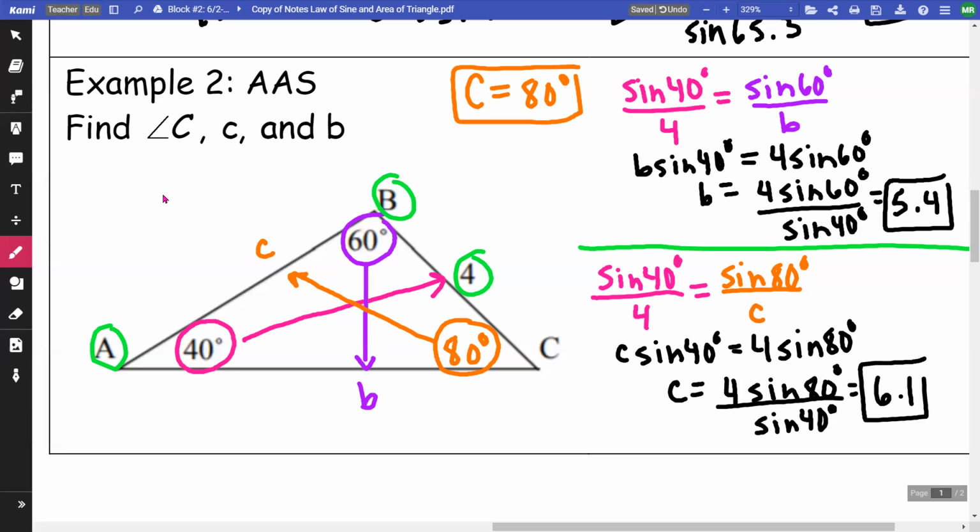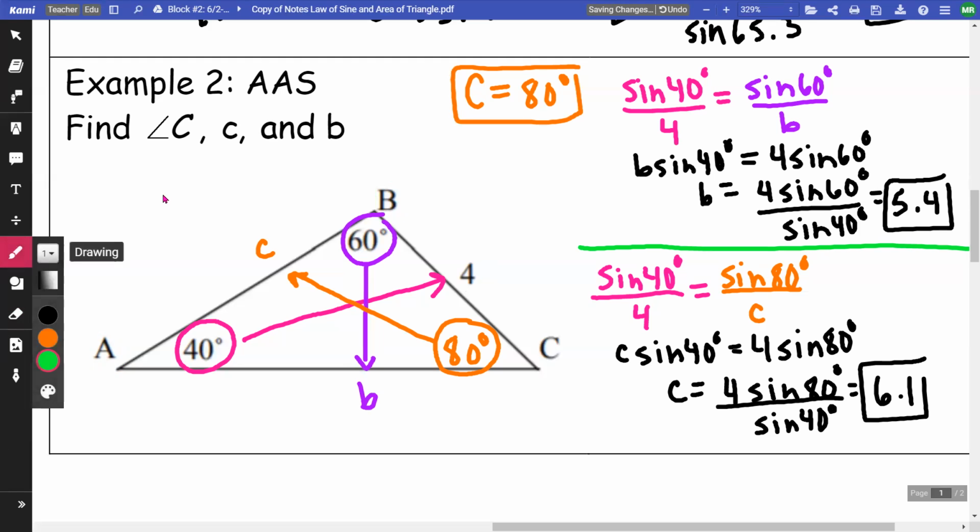So I'd have to find angle C, side B, and side C. So if they say solve the triangle, they mean find all of the missing pieces, all of the angles you weren't given, and all the sides you weren't given.